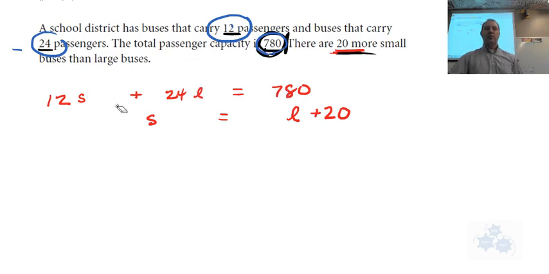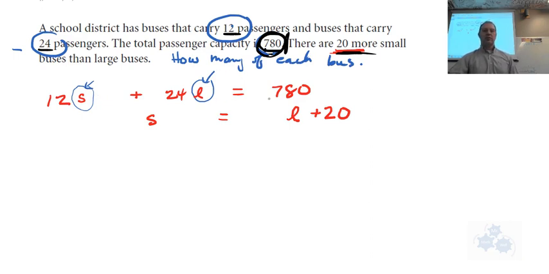So this is the first equation. The second part is a second equation between the small buses and large buses, and the first thing I should mention is that the variables in the question are what we're looking for. How many of each bus, right? So that's the variable I'm going to choose. I'm going to choose one variable for the small bus, one variable for the large bus, okay?